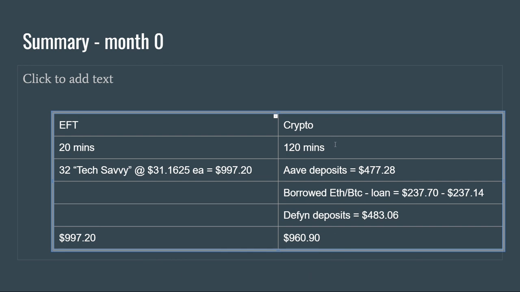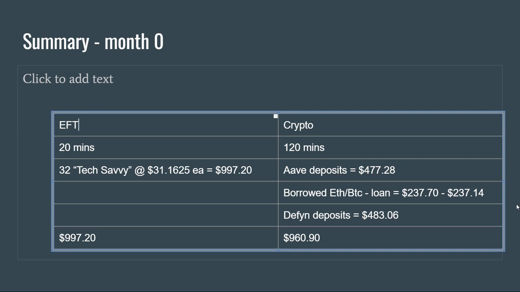Crypto was much more difficult, and in stream 1 I've managed to get $477.28 worth of Bitcoin and Ether, and after borrowing a further Ethereum and Bitcoin and subtracting the loan, we're net positive 56 cents right now, which is more or less expected.